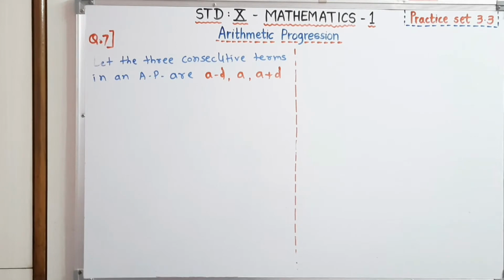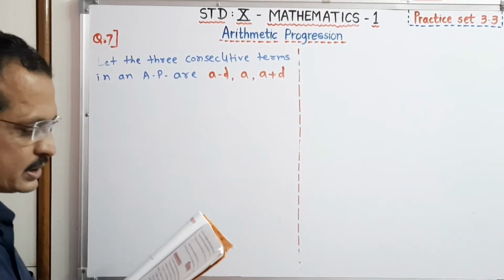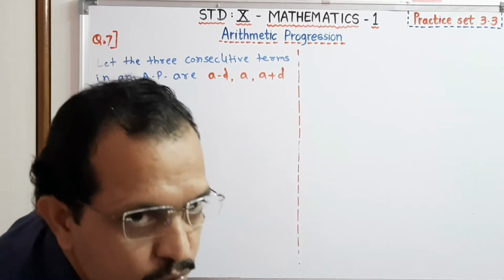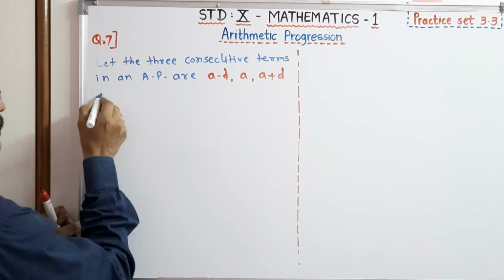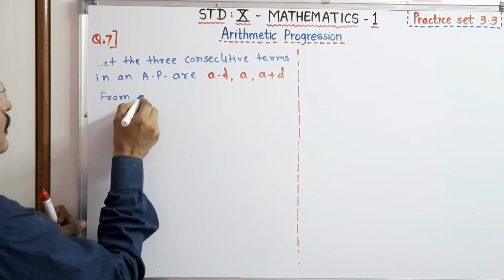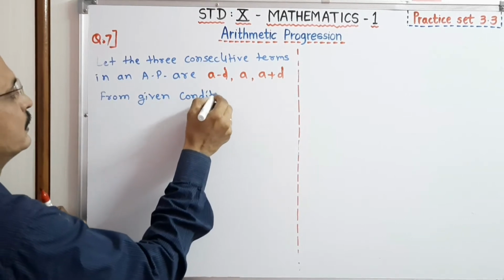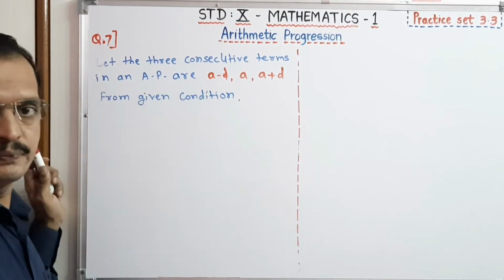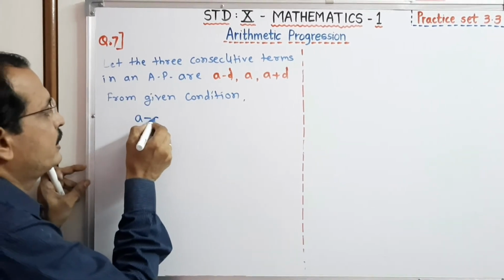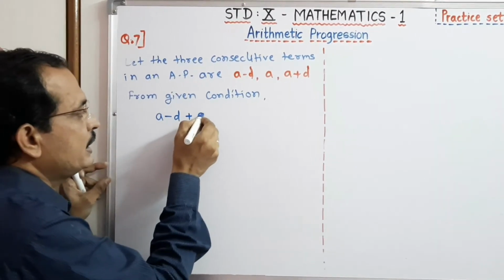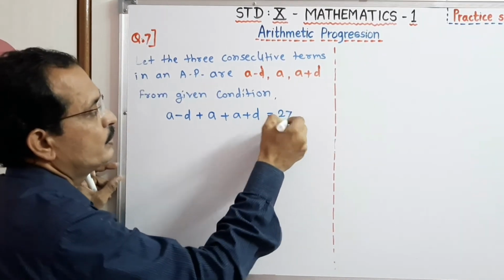Now see what is given. Condition. From first condition, sum of 3 consecutive terms is 27. Therefore, from given condition, what is the condition? Sum of these numbers. That means we can write A minus D plus A plus A plus D is equal to 27.